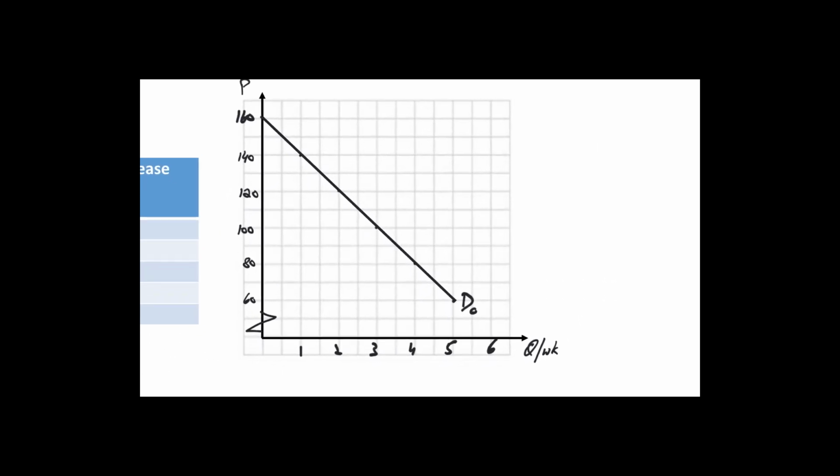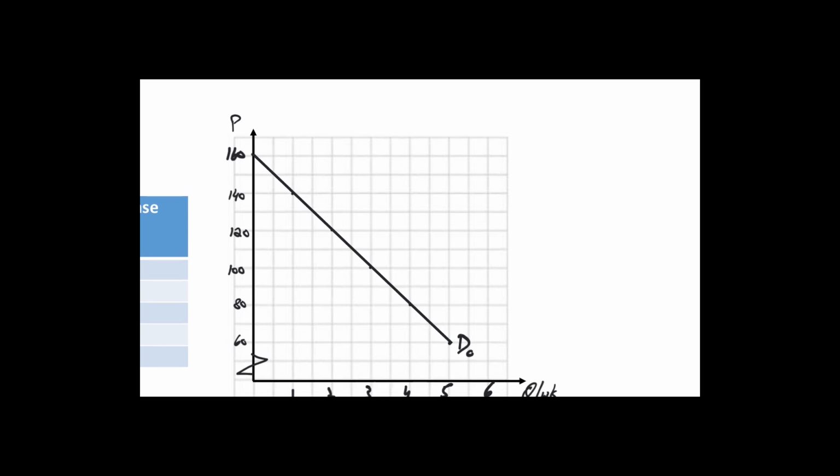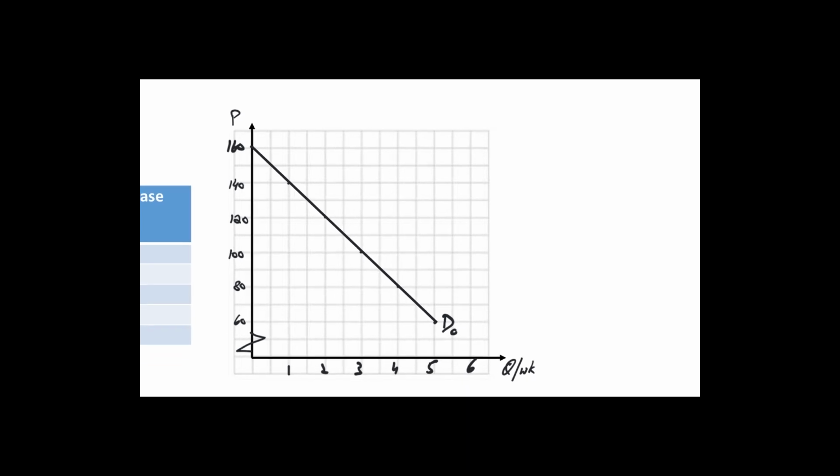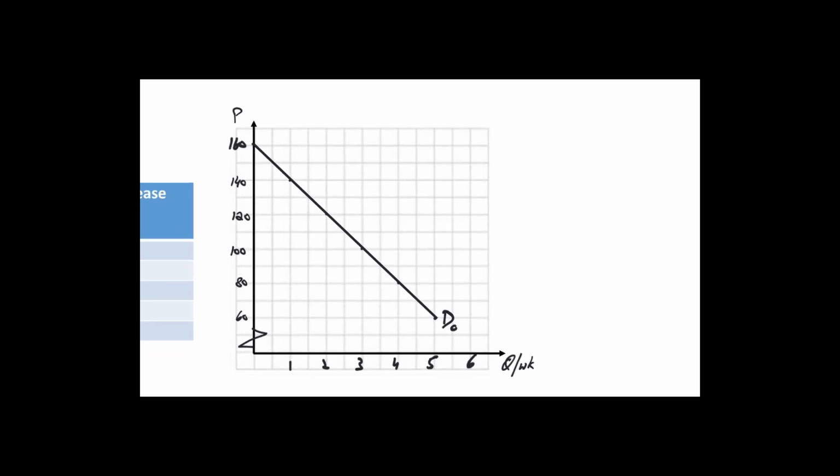Now, let's say if I say the demand has increased versus if I had said quantity demanded has increased. They're two different terminologies. You need to realize how they work.